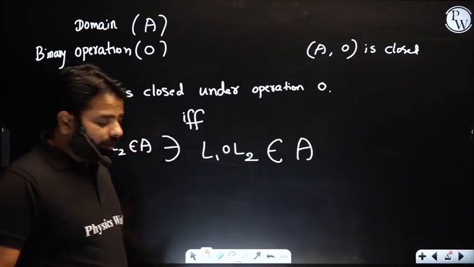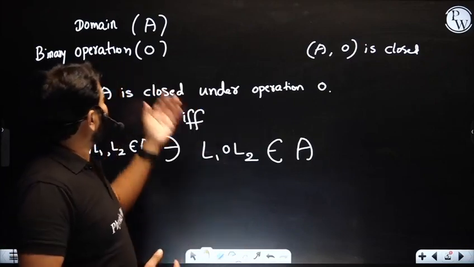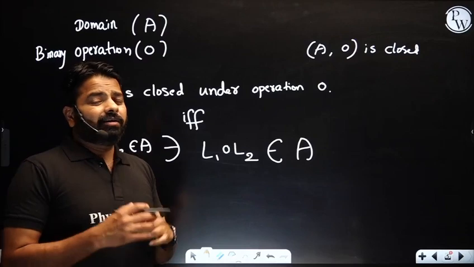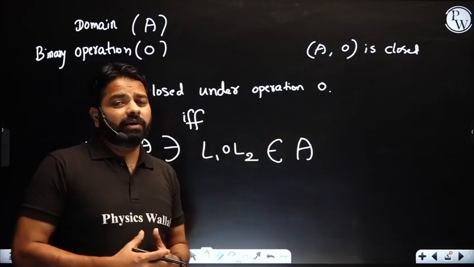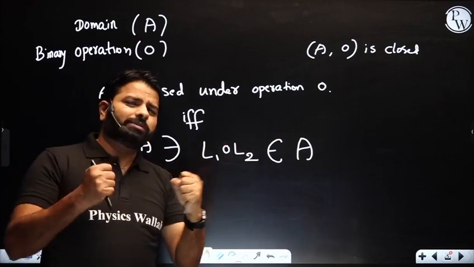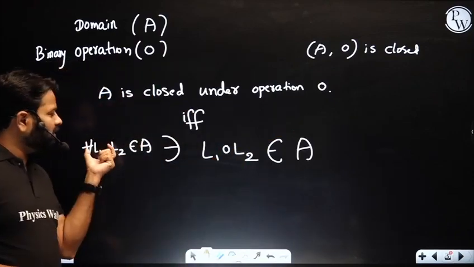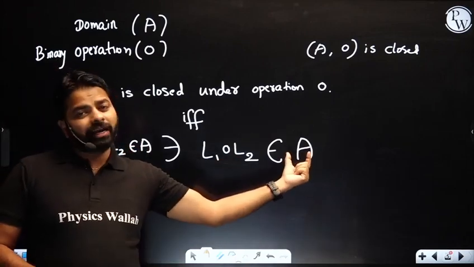In mathematics it is very easy, like addition: if A is the natural set and the operation is plus, then we can say plus is closed for the natural set, because you take any two natural numbers, do the addition, and you get a natural number again.